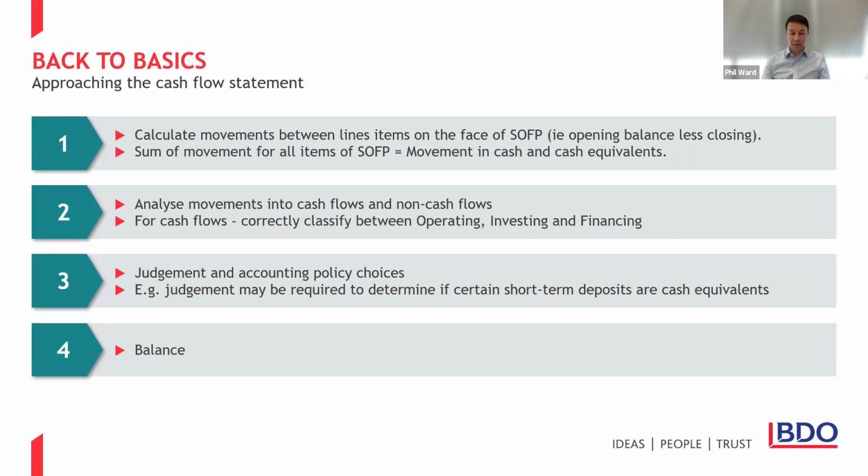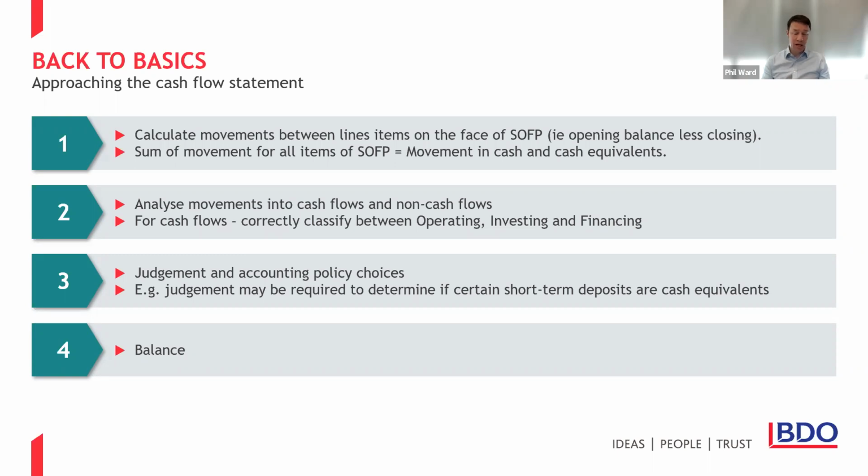Might seem a very obvious statement that the sum of all the movements of your individual statement of financial position items will be equal to the movement in cash and cash equivalents. So that's something to bear in mind in what you're trying to achieve when you're preparing a cash flow statement.